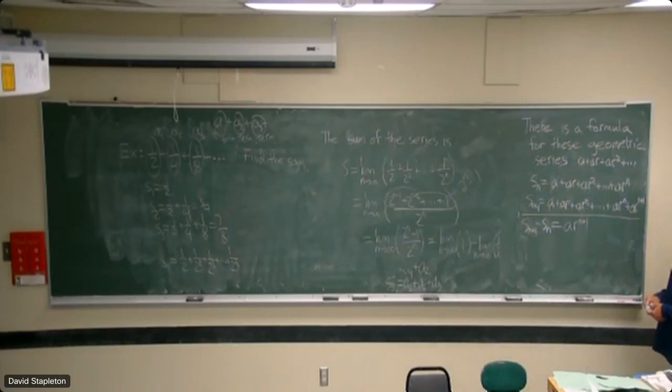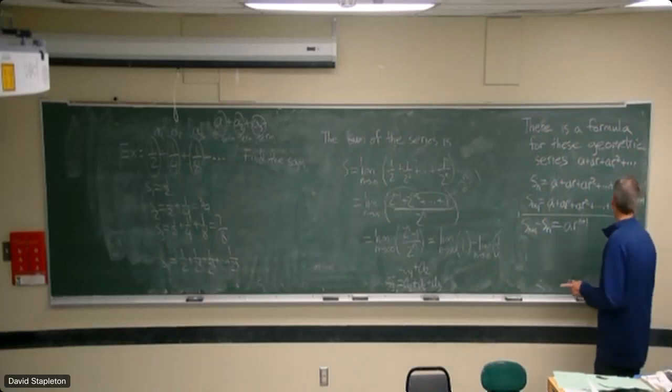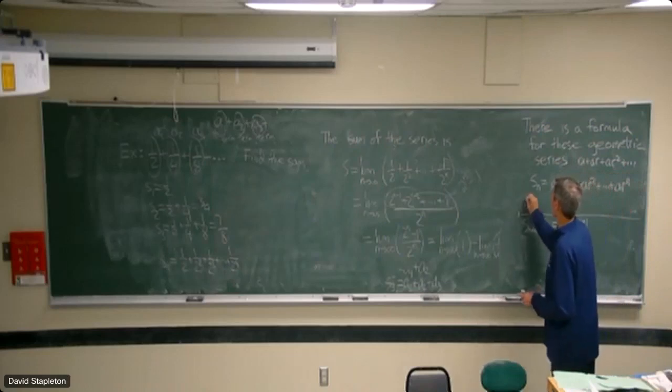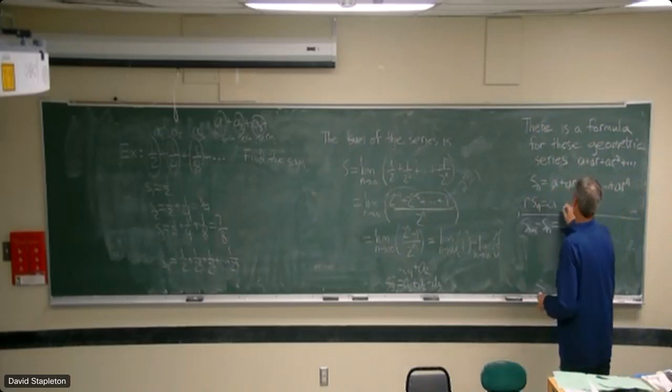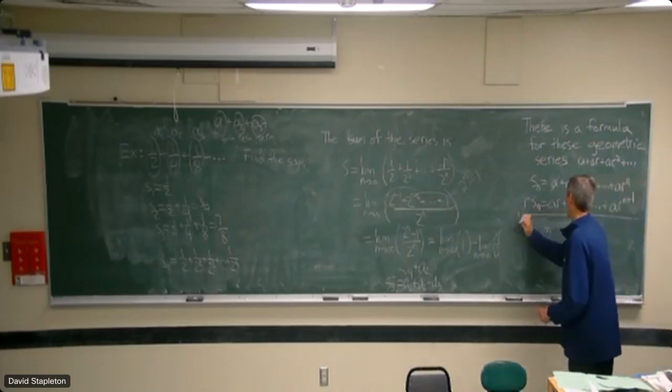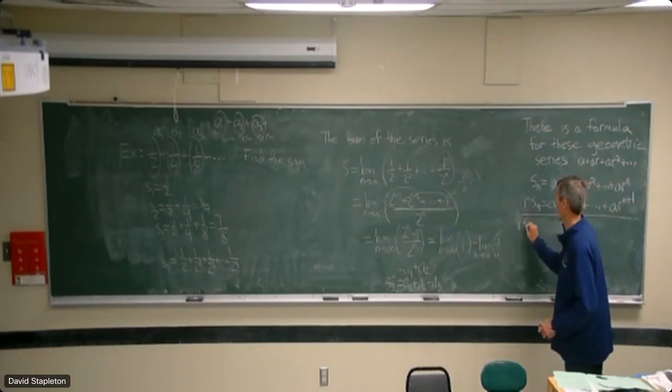Oh, I didn't do this right, I'm sorry. Wait a minute. I don't want Sn plus 1, I want r times Sn here. So this is each of these times r: ar plus ar squared plus and so on, plus ar to the n plus 1. Now subtract these, the second line, r Sn, minus the first line, Sn.